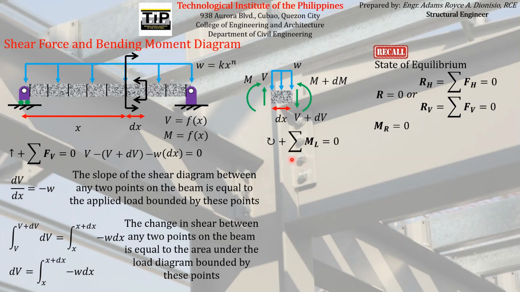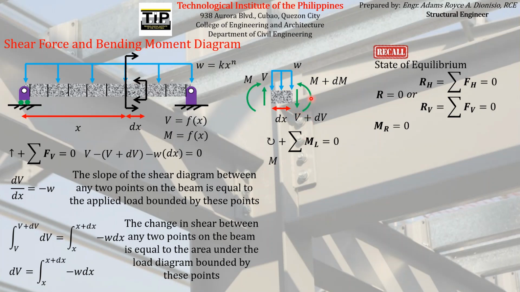So let's start with this couple moment. According to statics, the moment of a couple moment at any point along its plane is just equal to its magnitude, meaning the moment of this couple moment about this point is just equal to M. So it points clockwise, so it must have a positive sign.